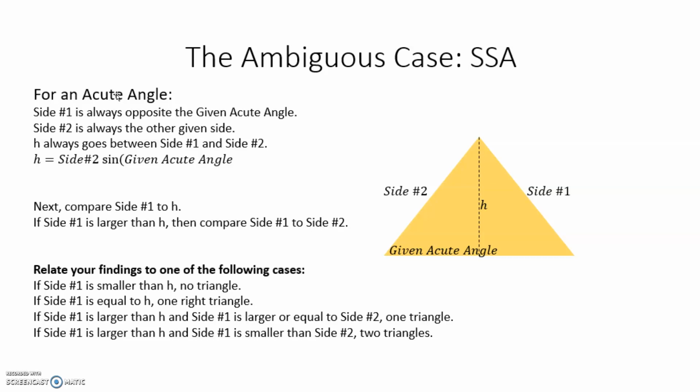Okay. So how you set this up is, they gave you a side and an angle. So here's your side, here's your side, here's your angle. Side 1 is always opposite the given acute angle. So here's your given acute angle, opposite, there's side 1. Side 2 is always the other given side. Now H is going to be important here.